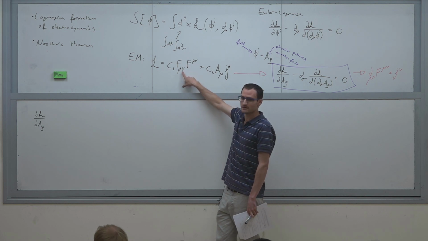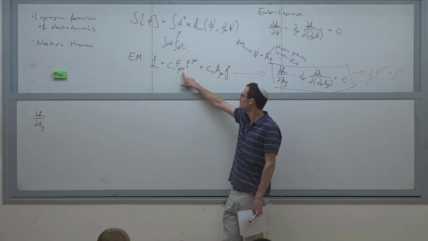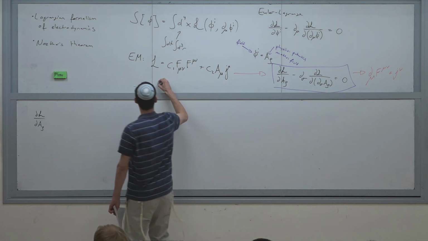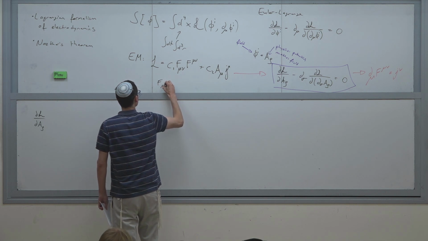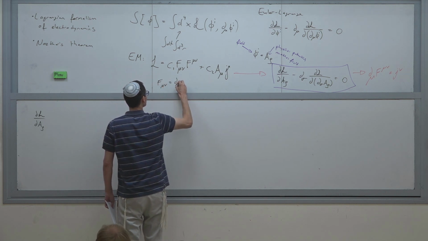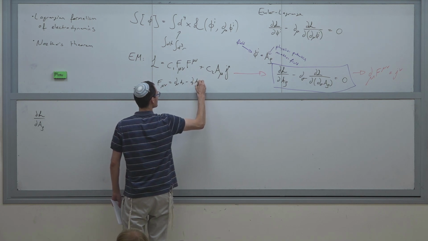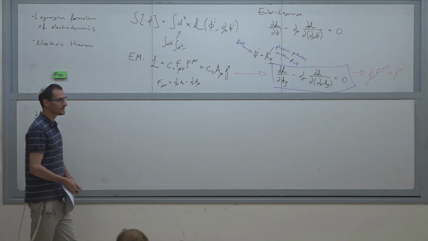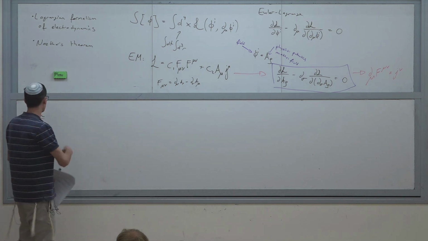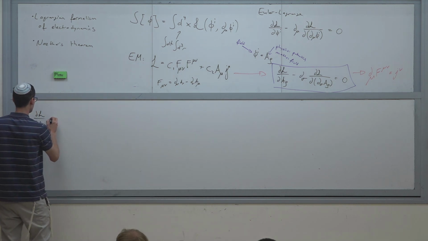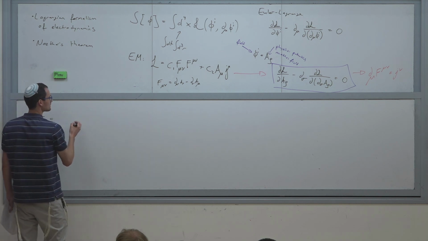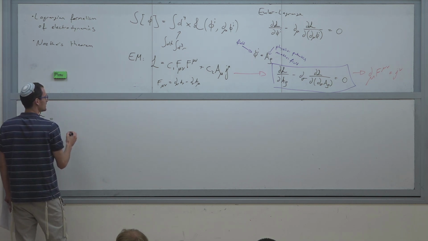Same thing here. F mu nu is d mu A nu minus d nu A mu. It does not depend on A, it only depends on the derivatives of A.